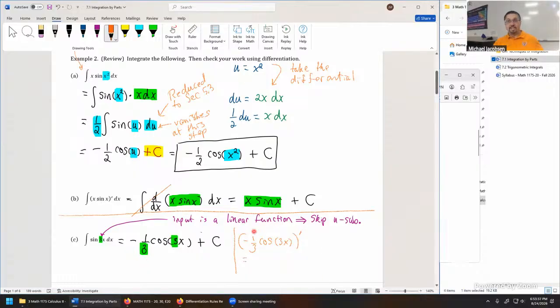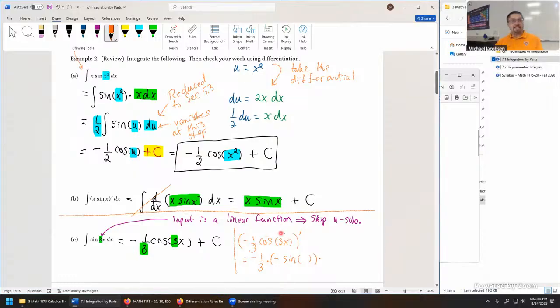The constant multiple rule first says negative 1/3 multiplies the answer to the derivative of cosine 3x. We work outside in. 3x is the innermost function, so we differentiate the outer function cosine first, which will give us a negative sine.